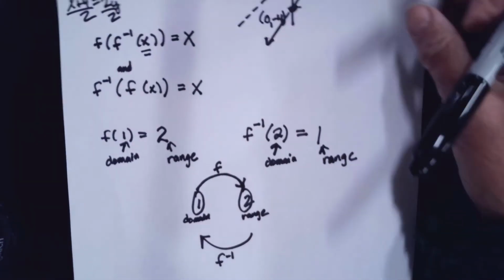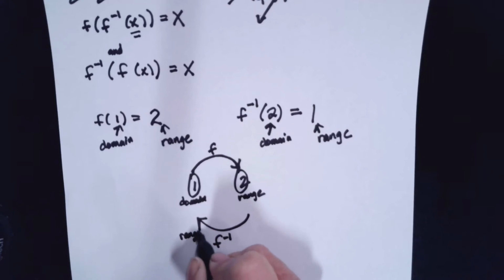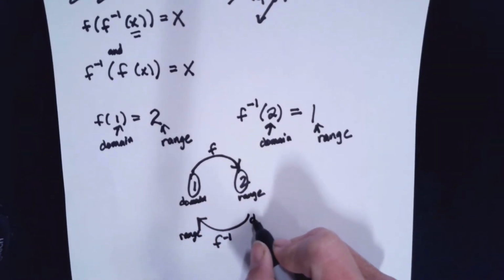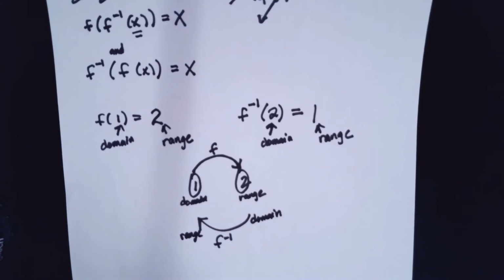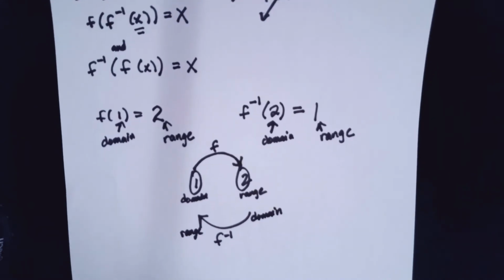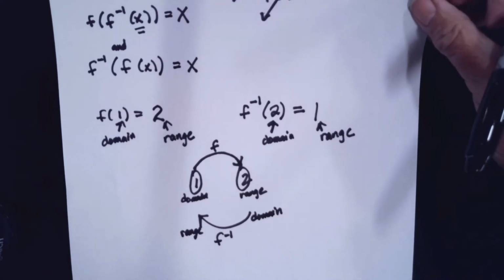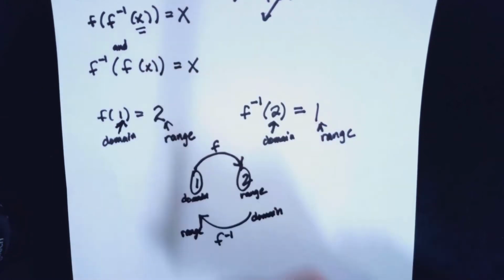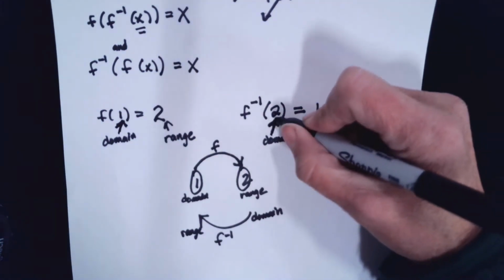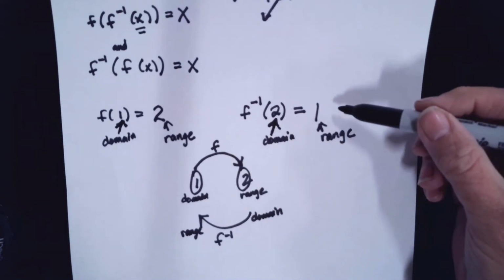And now the 1 for the inverse is my range, and the 2 is my domain. So just another way to think of that. Basically, we're switching the x and the y, and so the domain and the range are going to switch. Remember, the domain is the values you're going to plug into the function, and then the range is basically the answer that you're going to get out.